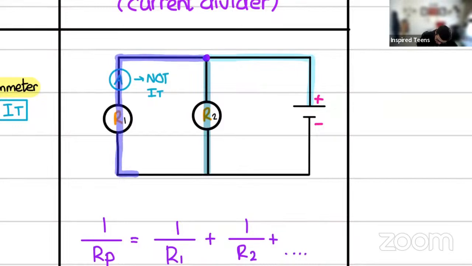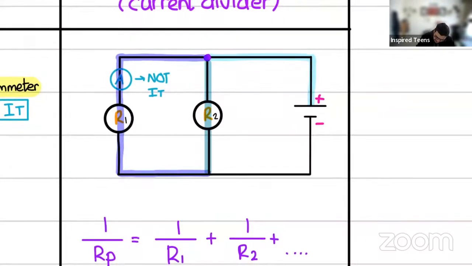It would split into two different currents. And thereafter, it would rejoin once again. So the current would split at this point, and it would rejoin at this point here.